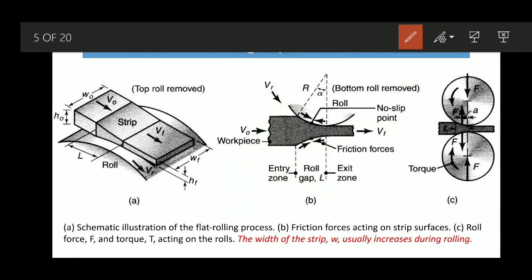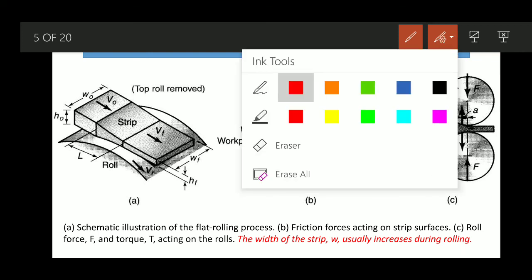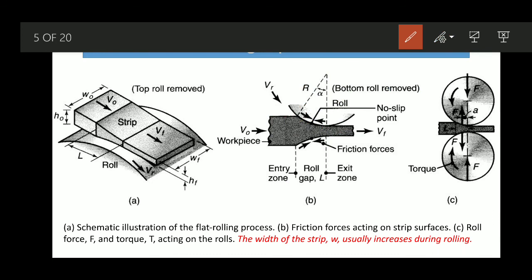Similarly, we have already discussed the angle of bite. This is the initial contact point and where the contact is broken, the starting of contact and breakage of contact. This angle at the center is the angle of bite, so it also gives you an indication about the reduction effect.